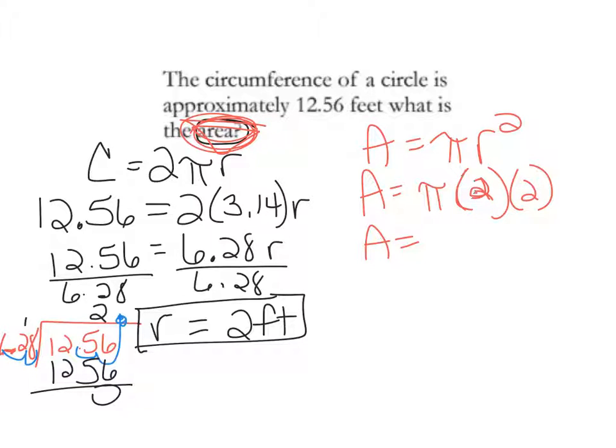2 times 2 is 4, and pi is 3.14. And now all I have to do is multiply. 4 times 4. 4 times 1 plus 1, 5. 4 times 3, 12.